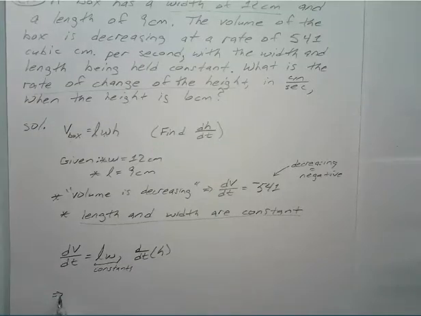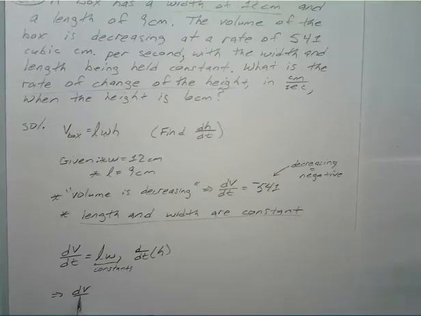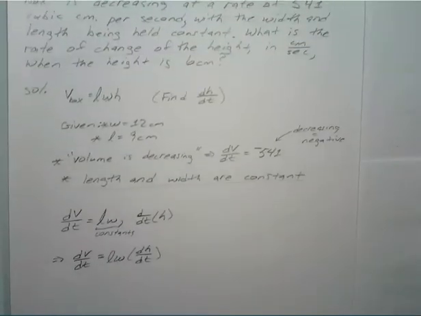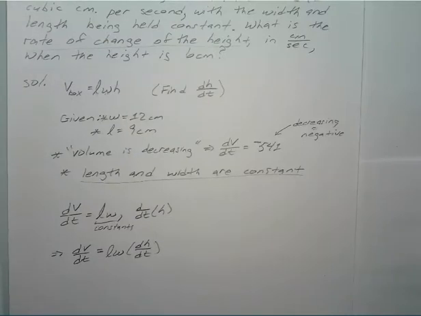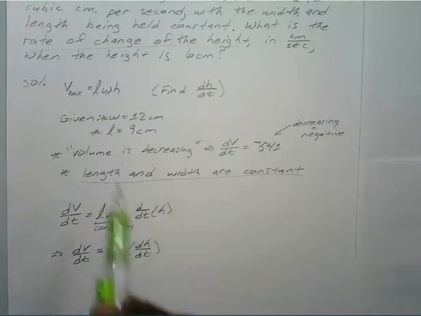Okay, so really that gives us our dV/dt is equal to your length times width times your dH/dt. All right, and all 3 of those we know because they are our givens.